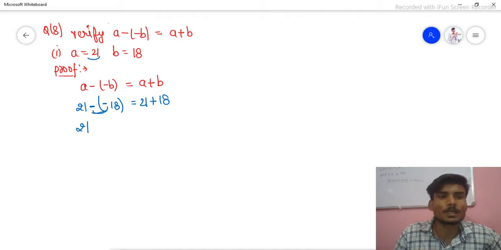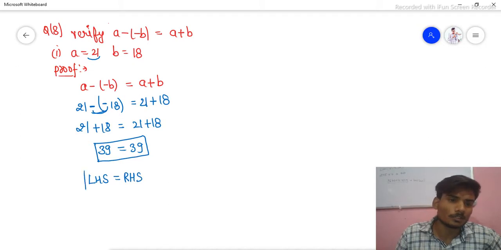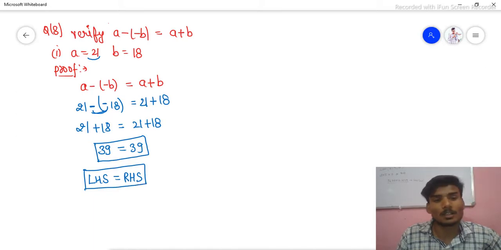Minus multiplied by minus is plus, so 21 plus 18 equals 21 plus 18. So this is 39 equals 39. The side before the equal sign is called the left hand side. The side after the equal sign is called the right hand side. So in this question, the left hand side is equal to the right hand side. So we can say this is verified.